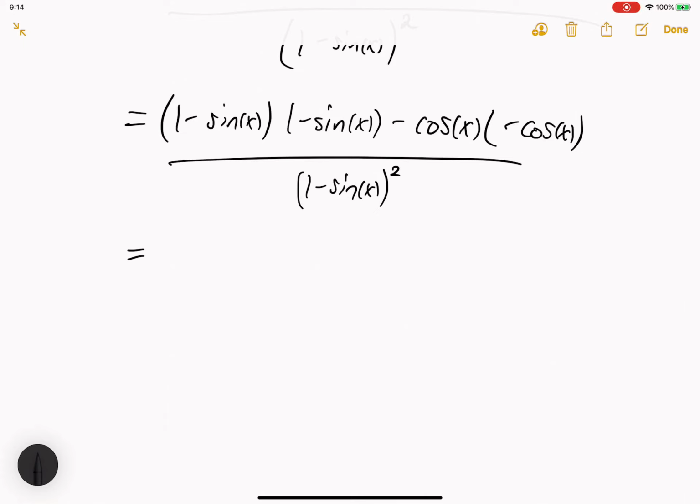So I'm going to distribute the sine of x and simplify everything. We get negative sine of x, then negative sine of x times negative sine of x is going to be plus sine squared of x. Then we have negative, negative right here, so these are going to be positive.